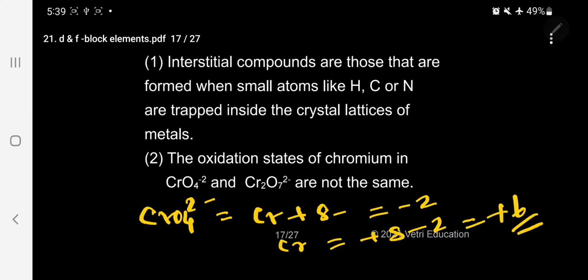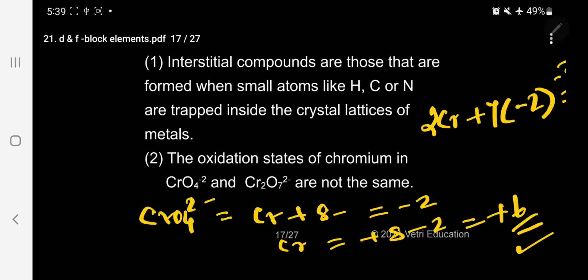Kindly follow. The oxidation states of chromium in chromate and dichromate are not same, says the statement. So this is 6 for chromate. Now come to dichromate. In the dichromate, there are 2 Cr plus 7 times minus 2 equal to minus 2. This is according to oxidation state calculation.